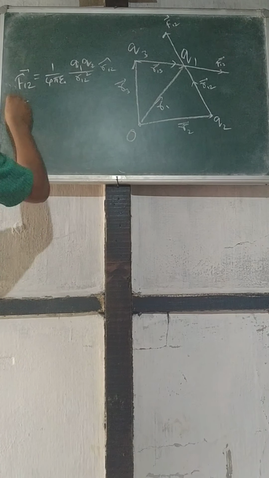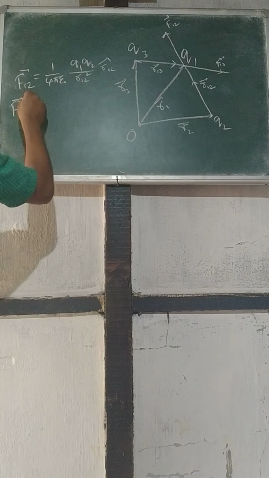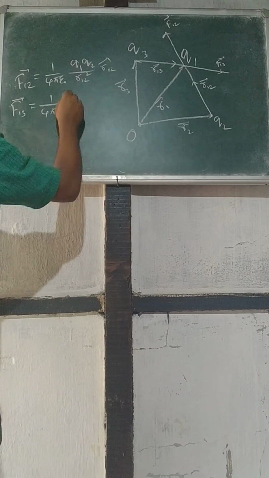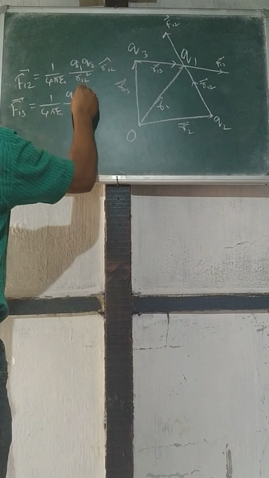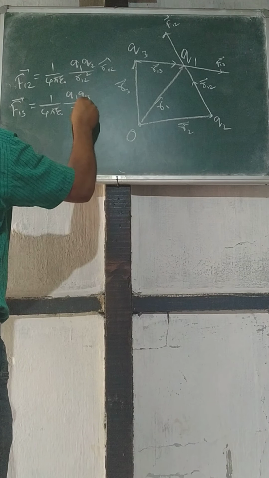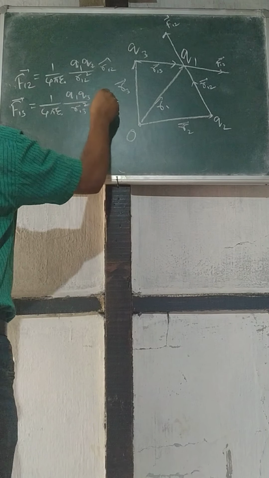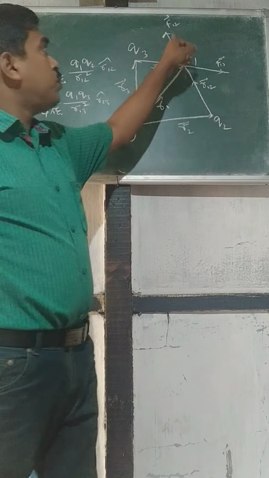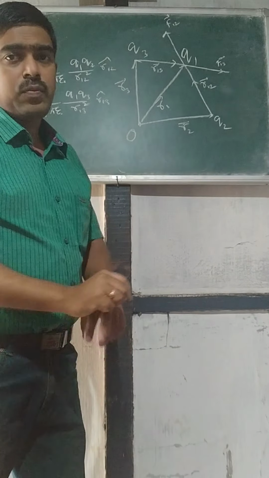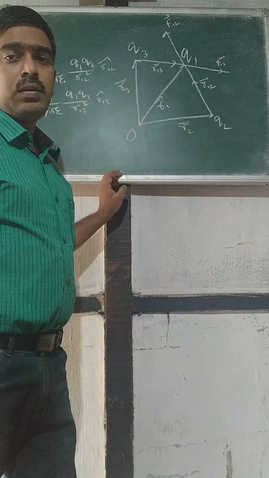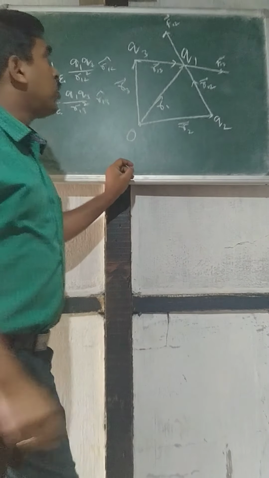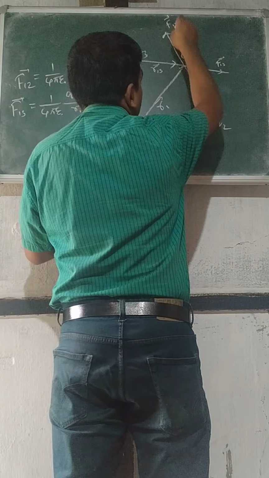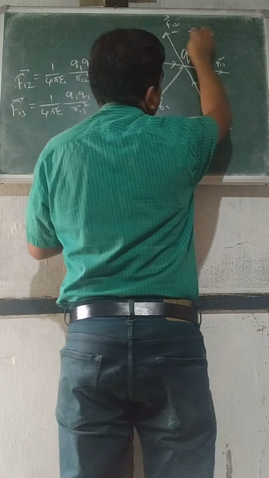So F13 equal to 1 by 4 pi epsilon naught Q1 Q3 by R13 square R13 vector. Now what is the net force between F12 and F13? We have these vectors, so we have to use the Pythagoras theorem. Sorry, vector addition theorem.